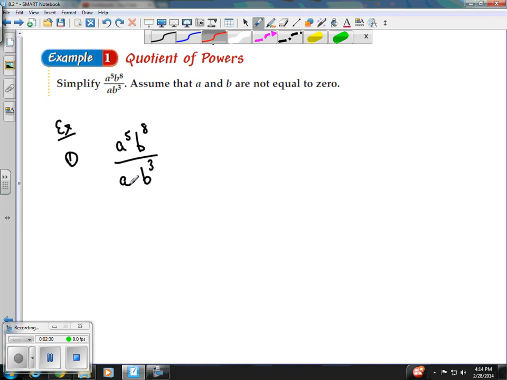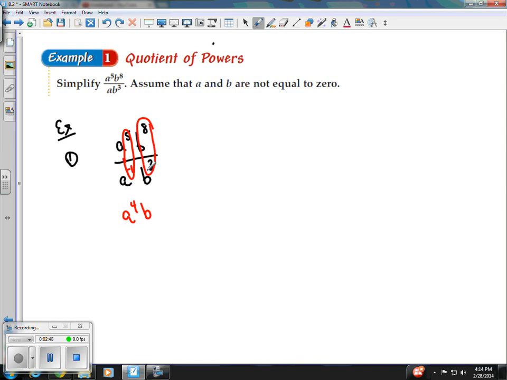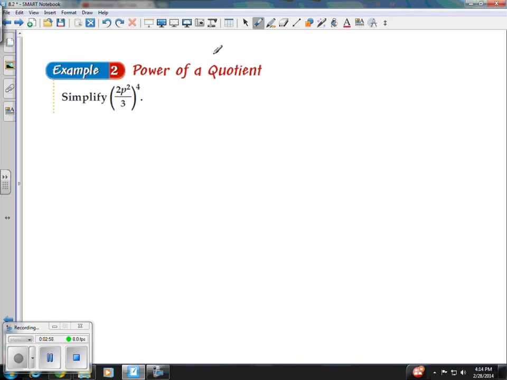And technically down here, if I have a 1a, that means I have a to the first power, just that one's hidden. And we subtract our exponents. So we do 5 minus 1 gives us a to the 4th. And we drop down our b. Then 8 minus 3 is b to the 5th. There we go, and that's our dividing monomial. So let's look at one more.